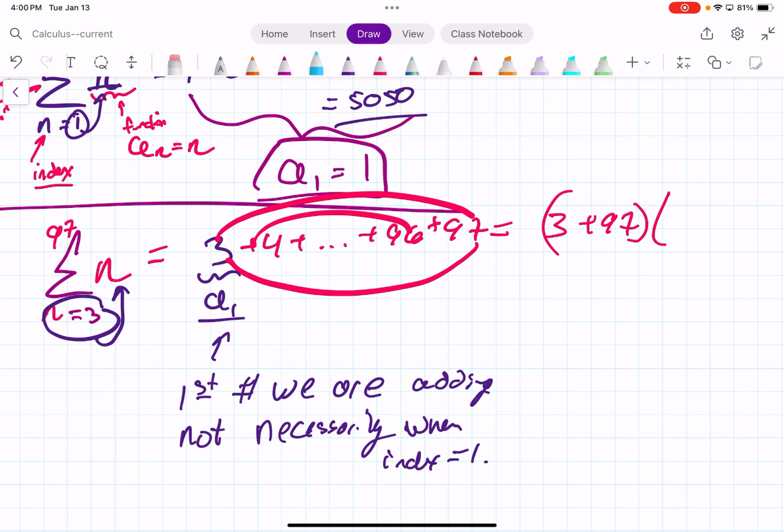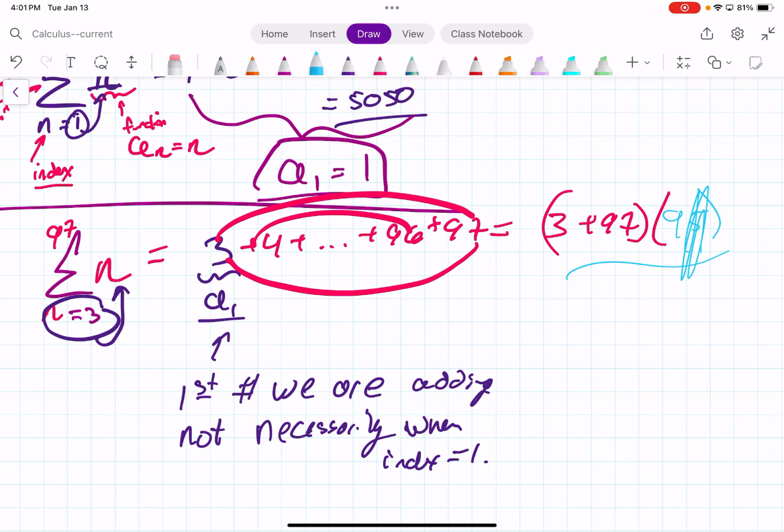Votes for 95? And it's 95 because if you just say from 1 to 10, how many numbers is that? Well, it's 10. But what's 10 minus 1? It's 9 because it's 9 beyond the value of 1, right? You're not counting that first number if you just do the subtraction. So we would just say, okay, it's 97 minus 3 is 94, plus 1, 95. So there's 95 numbers. Divide by 2, sorry.